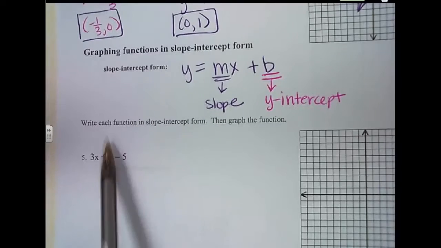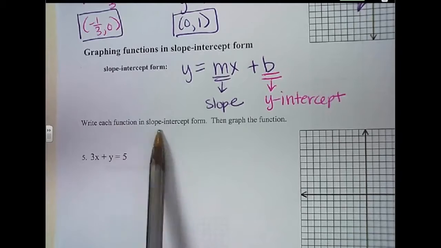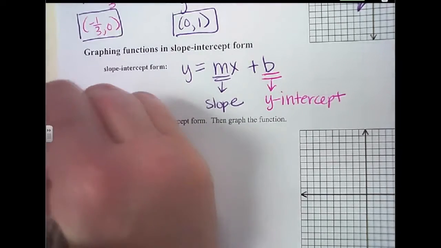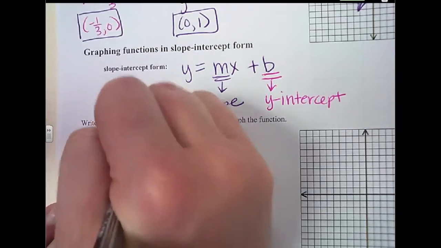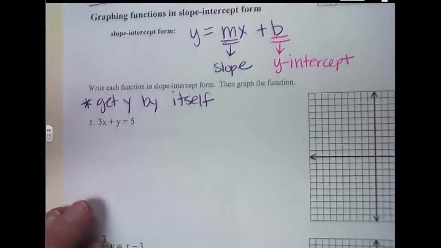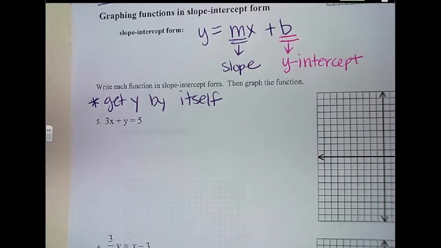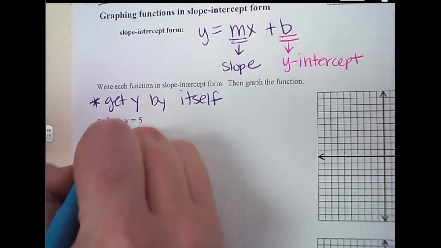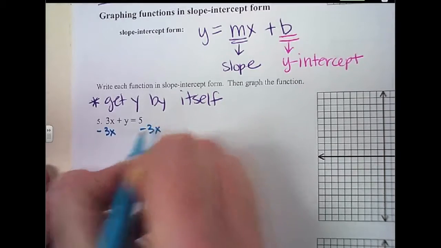Okay, so in order to graph this equation, we're going to write it in slope-intercept form. So if you want to write yourself a note, get y by itself is what you need to do for slope-intercept form. So what would you do first if you want to get y by itself? Subtract the 3x. Good. So I'm going to subtract 3x over to the right.